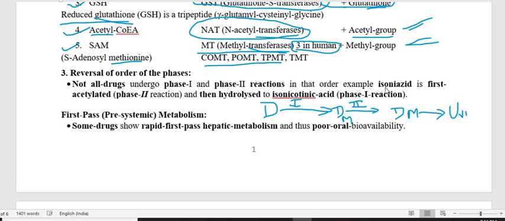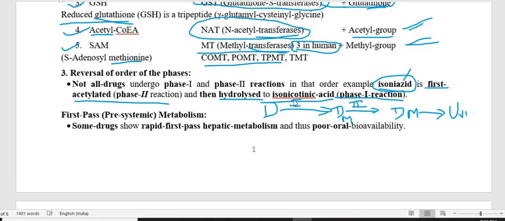Like one drug, isoniazid. Isoniazid is an anti-tuberculosis drug, and it first goes through the phase 2 reaction, forming acetylated isoniazid. The acetylated isoniazid then gets hydrolyzed by a phase 1 reaction and forms isonicotinic acid.